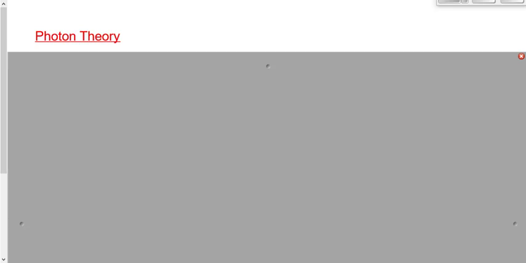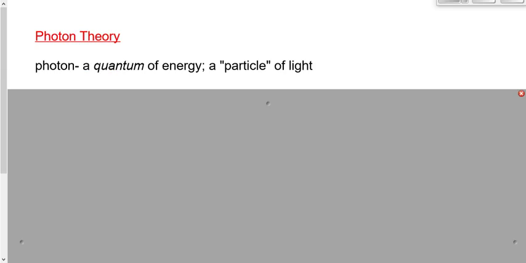And it built upon, by the way, this theory that had been around for a short time called quantum theory. Photon theory says, in essence, that light exists as a particle called a photon. A photon is a particle of light, or more technically defined as a quantum of energy, a quantum of electromagnetic energy.